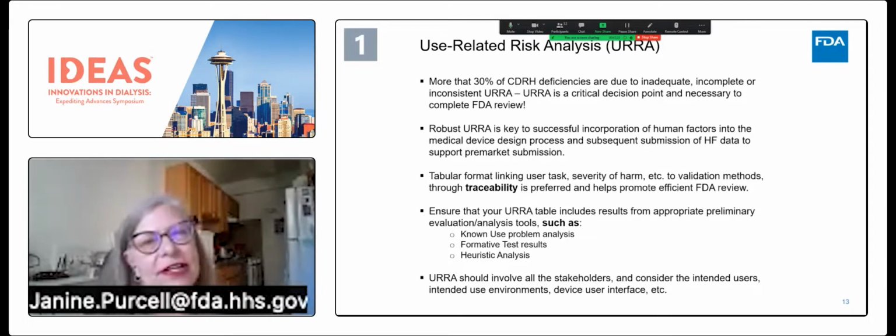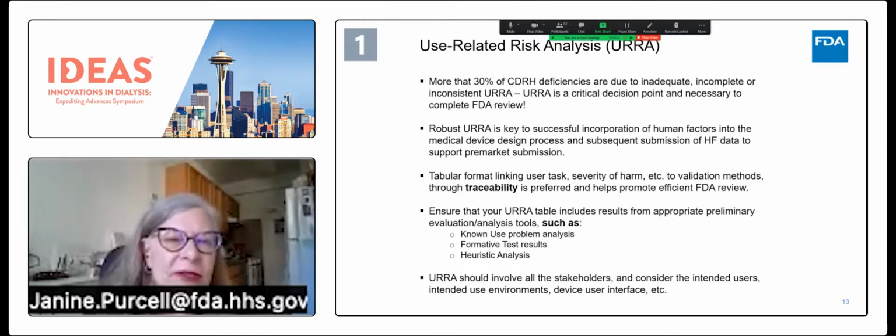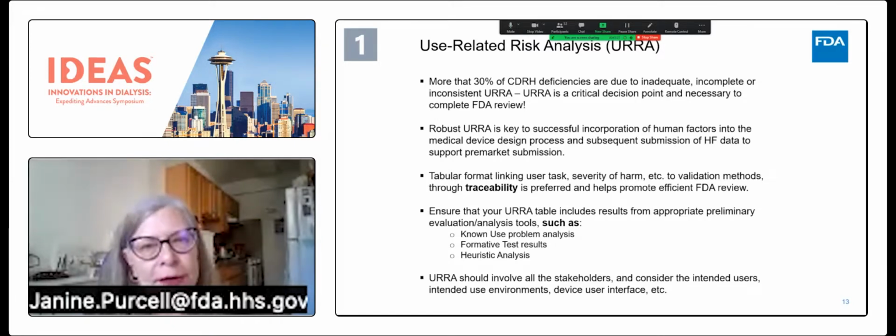More than 30% of the deficiencies we write relate to the deficiencies around the use-related risk analysis. And the reason it's so important is because it defines what are called critical tasks, which have to do with the level of harm that can result if certain errors occur in the use of the device.